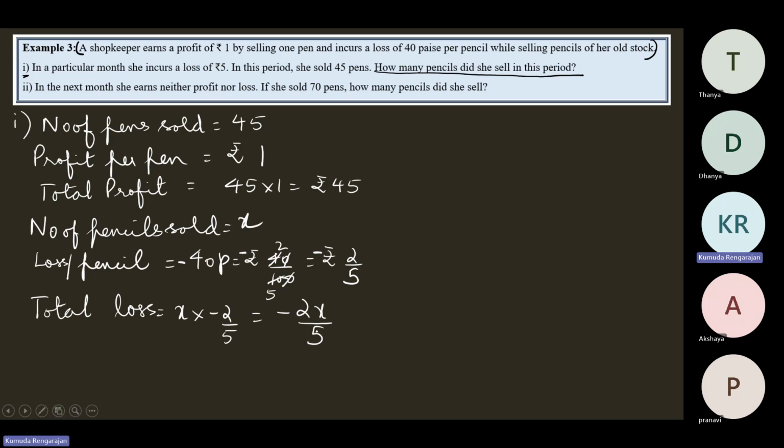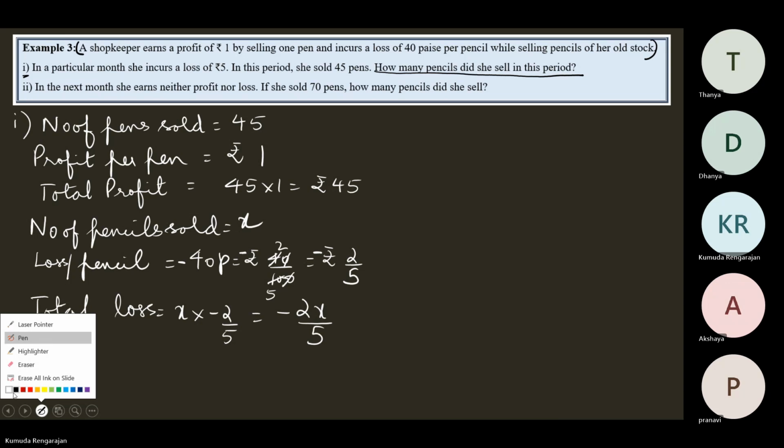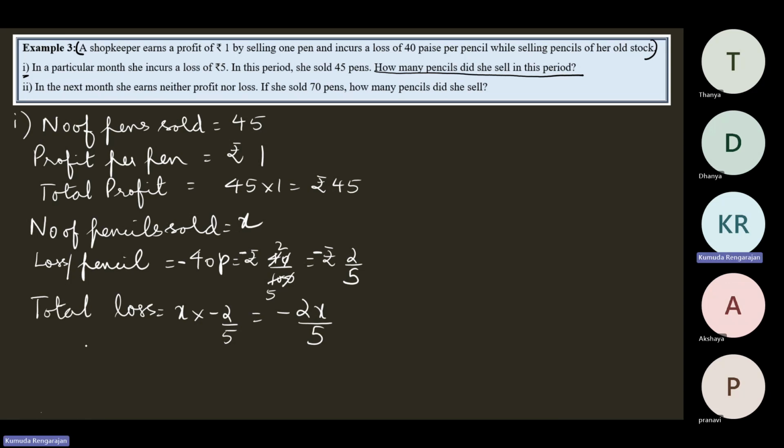Is it okay till here, children? Only then I can proceed. Yes, ma'am. Okay. Now, these two put together is a loss. In a particular month, she incurs a loss of 5 rupees. That means what?